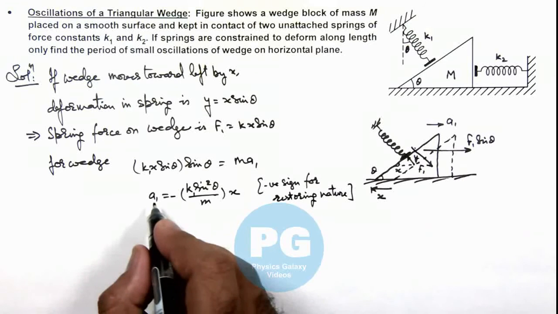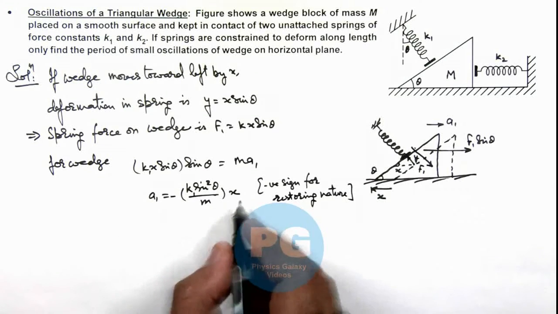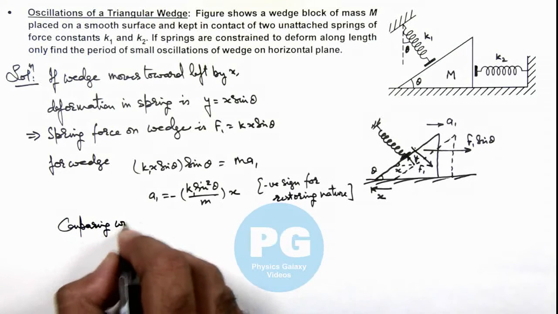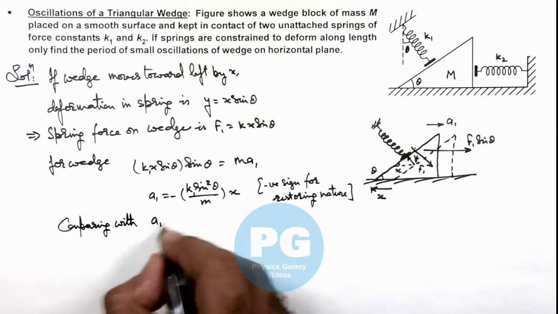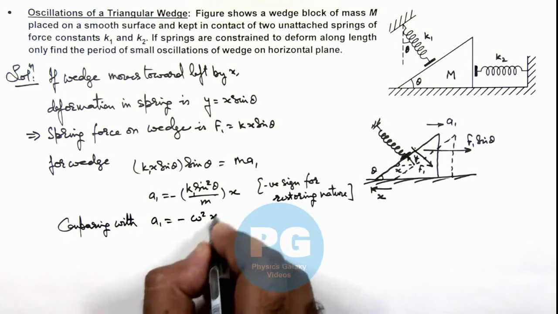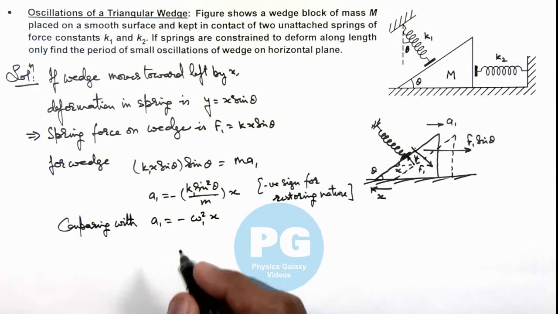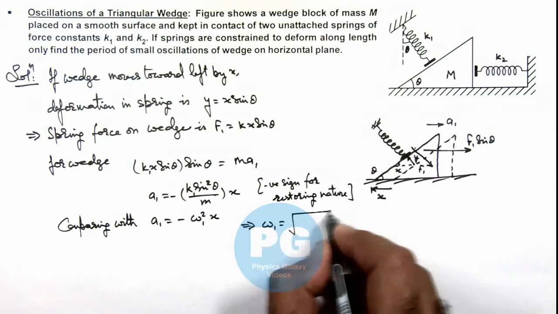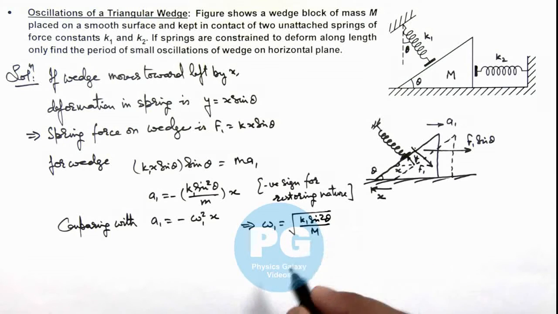So here we can write, if a1 is given as this, comparing with minus omega square x, or minus omega 1 square x, here we get the value of omega 1 as root of k1 sine square theta by m.